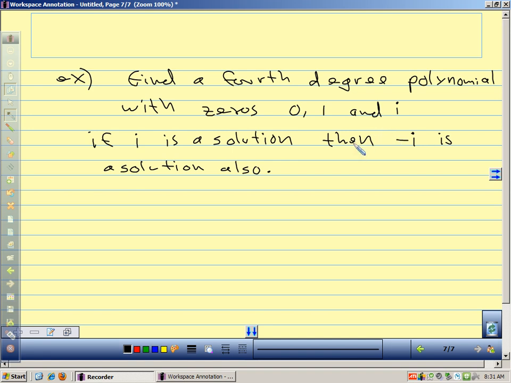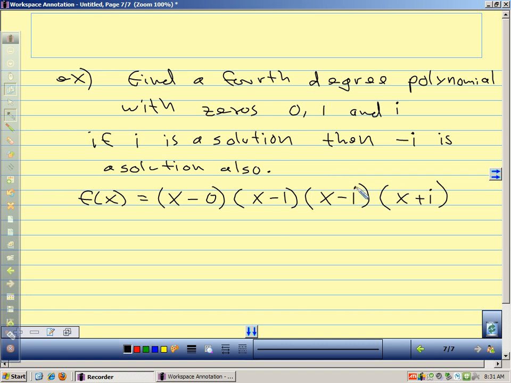So one way we could write this polynomial is that f of x equals x minus 0 times x minus 1 times x minus i times x plus i. So my factors are going to be just x minus my zeros.